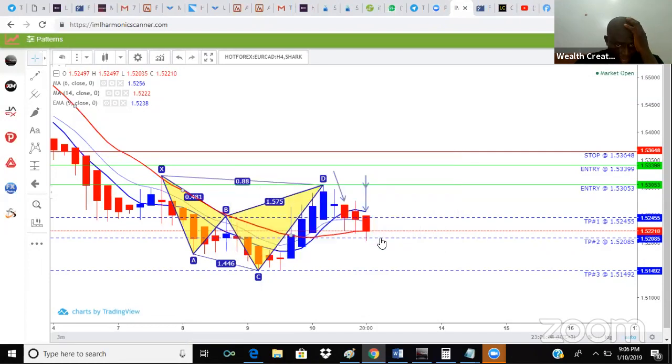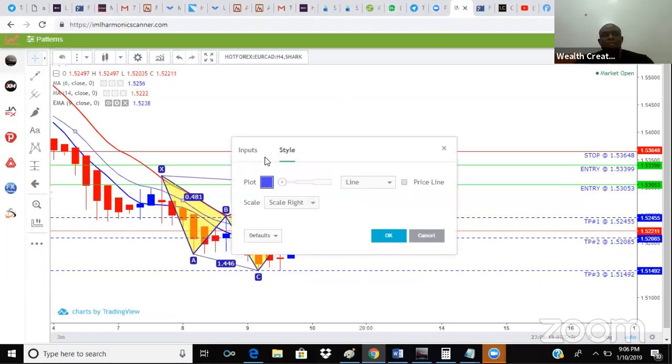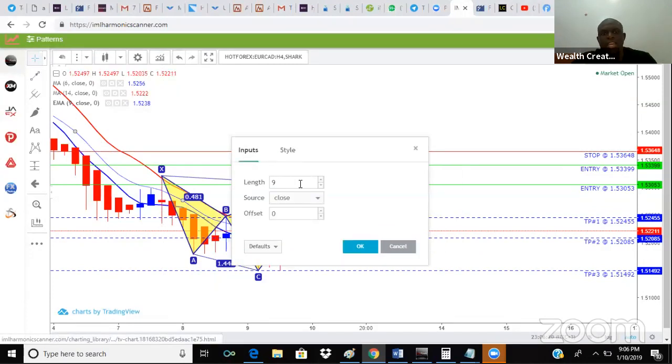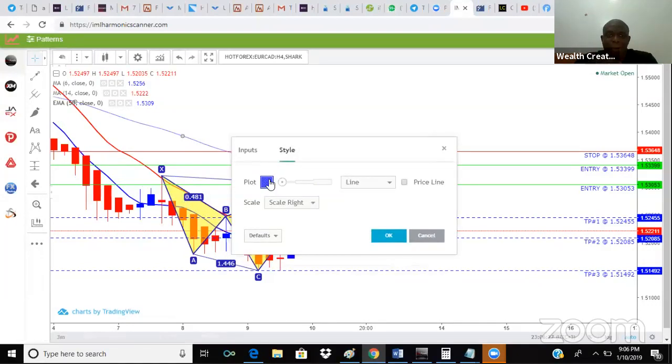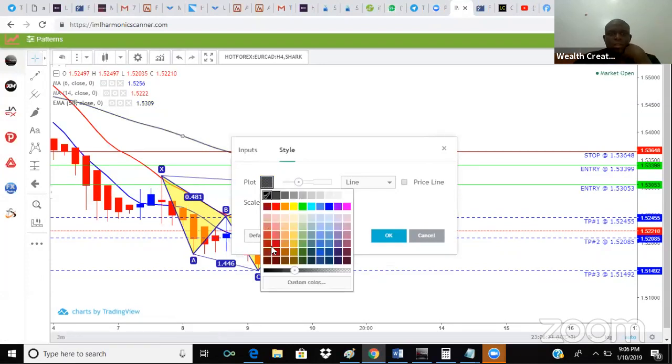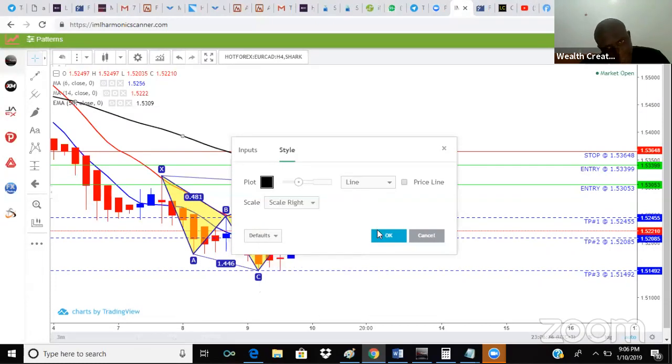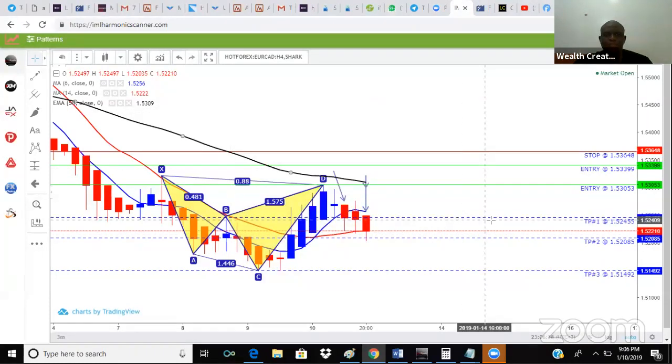Then I click on OK. The third one is the EMA. EMA is 50. Then the style is black. Then I tick it, I make the color thicker. I click on OK. Look at what is happening here.